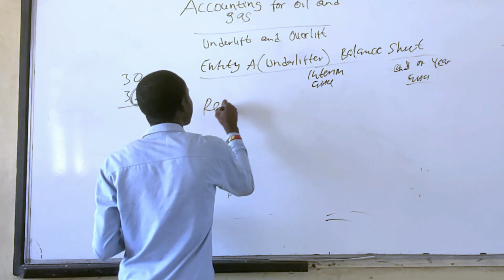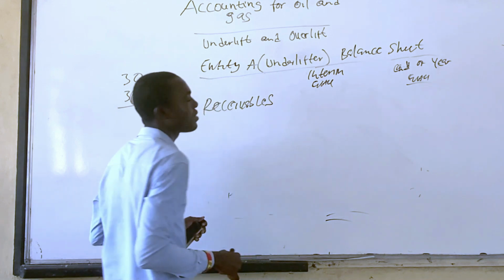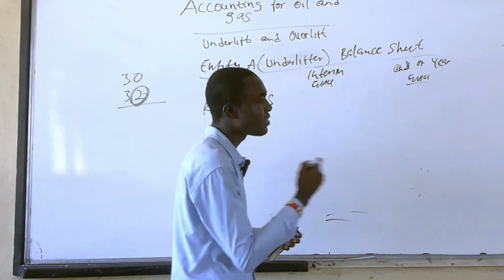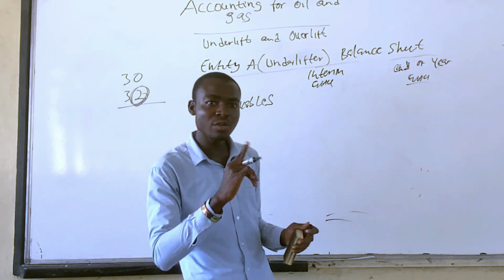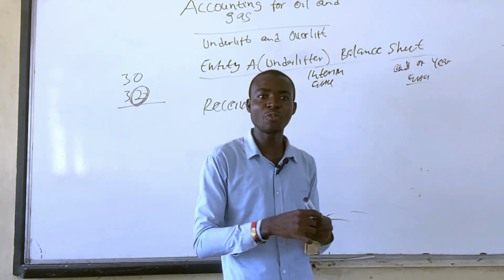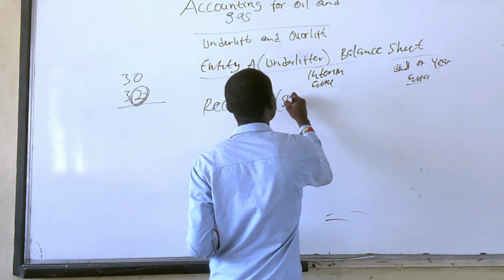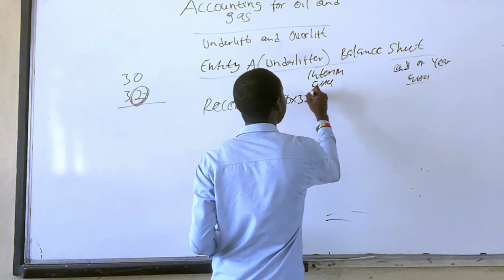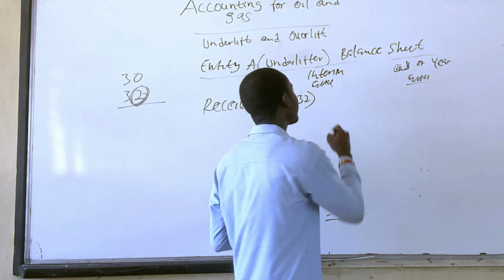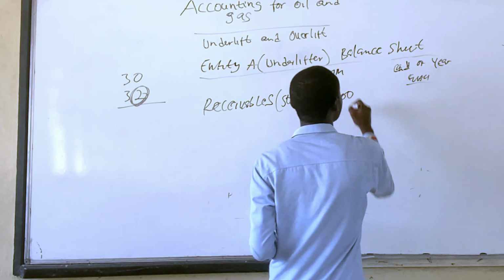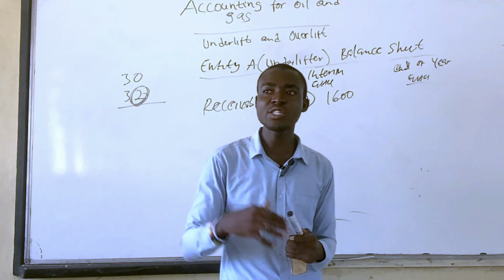So receivables. Entity B is only owing entity A the value of 50 barrels of oil. So 50 times 32 will give us 1,600. But at the end of the year, the price was increased to 35.